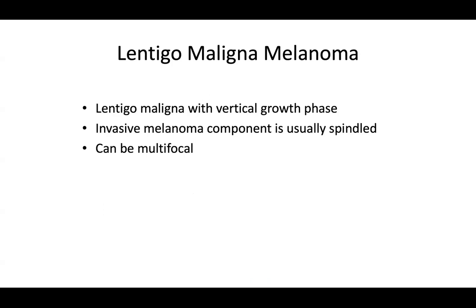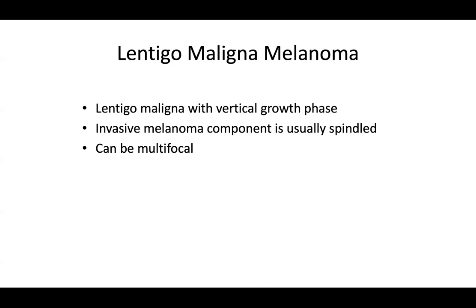Lentigo maligna melanoma is lentigo maligna that has progressed beyond the radial phase into the vertical growth phase. Invasive melanoma component is usually spindled, as opposed to more epithelioid or nested that you're going to find in traditional superficial spreading melanoma or nodular melanoma.